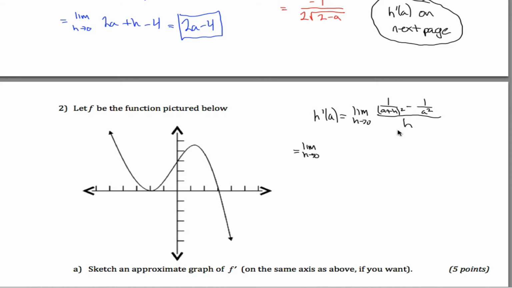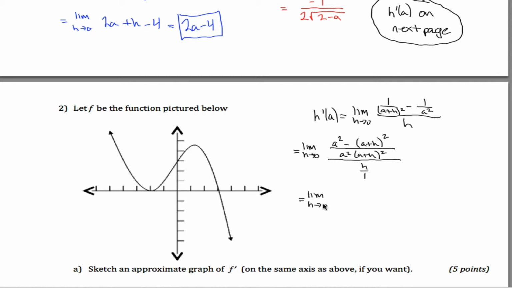My least common denominator will be a squared times a plus h squared. So I'll multiply this side by a squared over a squared and this side by a plus h squared over a plus h squared, and get a squared minus a plus h squared divided by a squared times a plus h squared. So that's that common denominator. And that whole thing is divided by h over 1.